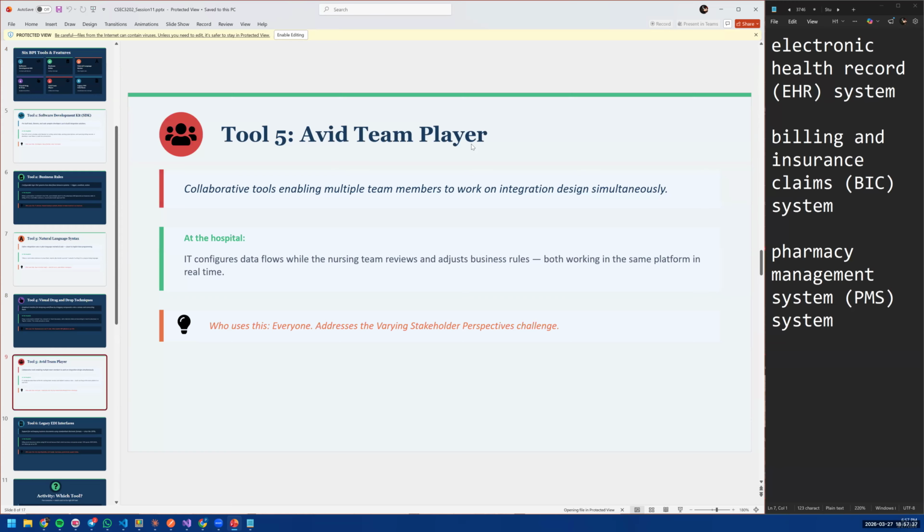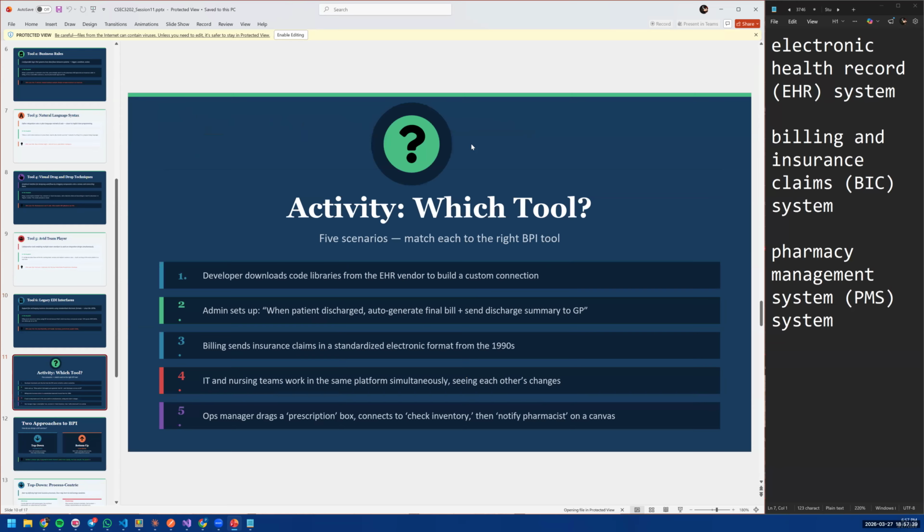I don't agree with business rule. This is the one: admin sets up when a patient is discharged, auto-generate a final bill and send discharge summary to their GP. But sir, it is a business rule. It is a business rule, but how is it expressed?